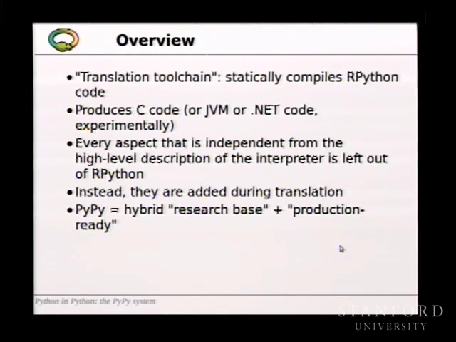So the translation toolchain in a few words. As I explained already, the important point is that every aspect of the final interpreter that you want to keep orthogonal from the high-level description, we don't write in the high-level description. Instead, we write it as aspects.